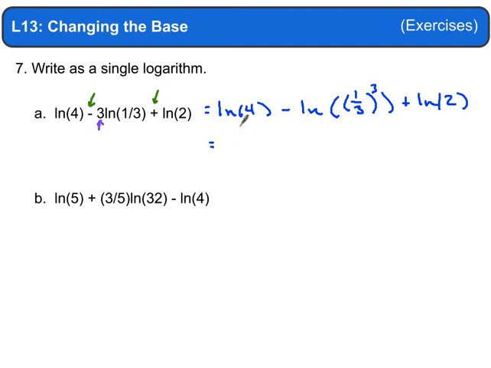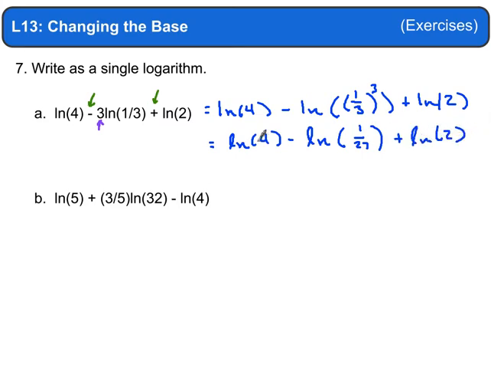So now what we end up with is the natural log of 4 minus the natural log of 1 over 27 plus the natural log of 2.